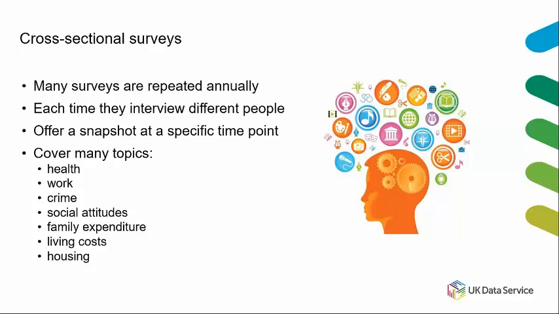Many of them are repeated every or most years, but each time they are run, they use a new sample of people. They often use the same questions each time, so they can be used to track trends in the population over time. And they cover many topics, but there's just a few listed there: health, work, crime, social attitudes, family expenditure, living costs and housing.